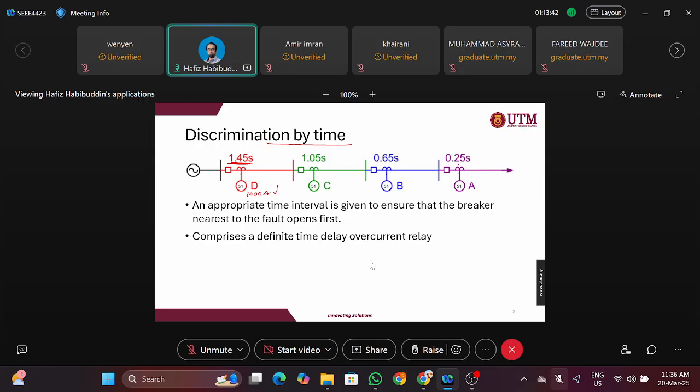But the one that is closer to the fault takes a faster time to operate. So let's say there's a fault there. After 0.25 seconds, this part is isolated and there will be no more fault. The 1000 amp fault current is not seen by the relay anymore before 1.45 seconds. So Relay D does not trip.